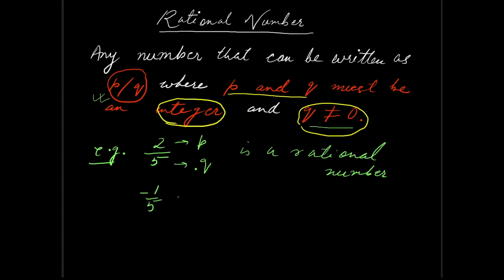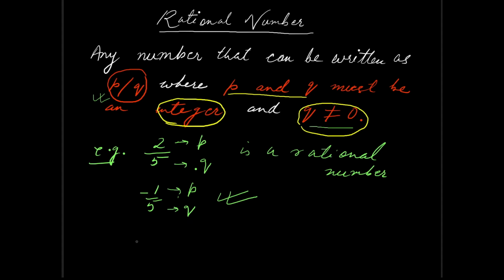Here we can see that minus 1 by 5 is in the form of p by q, and in the place of p we have minus 1, and in the place of q we have 5. Both minus 1 and 5 are integers, no doubt, and we have q equal to 5, which is not equal to 0 also. So obviously minus 1 by 5 will also be a rational number.